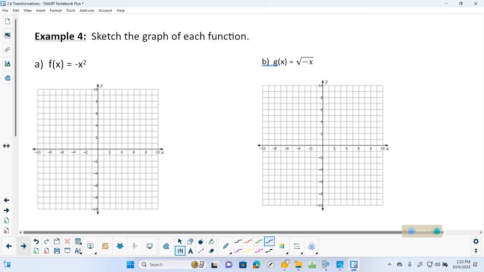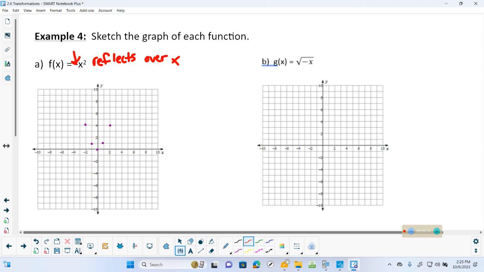Let's graph some reflections. So again, we've got our parabola. I'm going to put our parent function on, our 0, 0, 1, 1, negative 1, 1, negative 2, 4, and 2, 4. And then of course our negative in the front, that means it reflects over x. So I'm going to start clear on the left here at negative 2, 4. It's 4 units above the x, so I'm going to put it 4 units below.